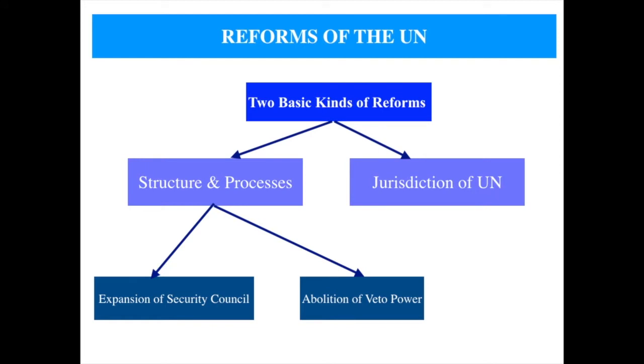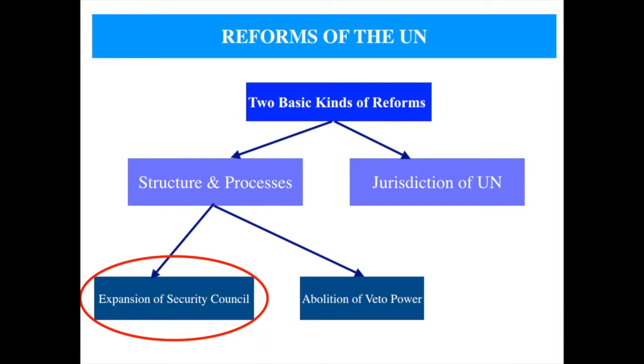The reform of structure and processes is all about the demand for change in the Security Council, or the expansion of the Security Council and the abolition of veto power. Although we'll cover all these reforms, we'll focus more on the expansion of the Security Council, which is clearly mentioned in your syllabus.